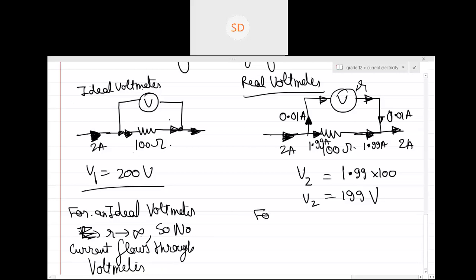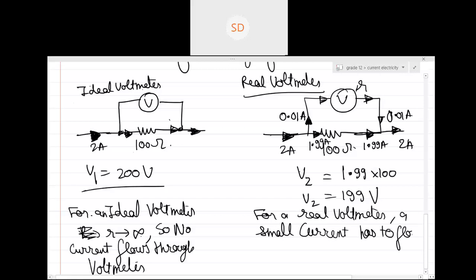But in the case of a real voltmeter, a small current flows, so the reading of the voltmeter is not accurate.